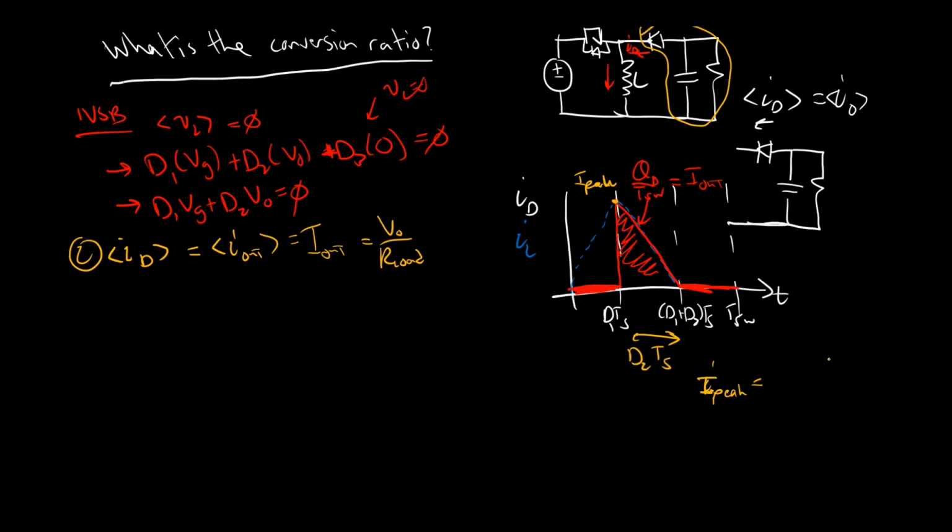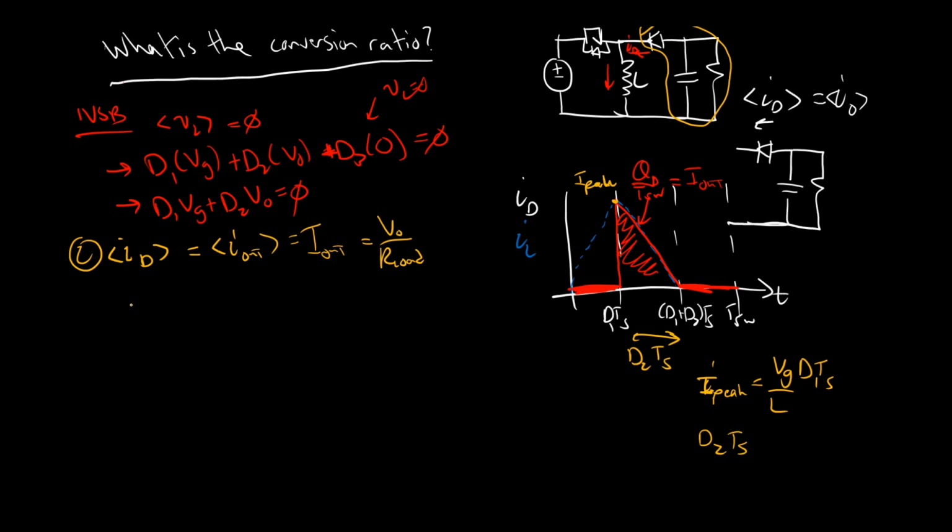Capital I peak is equal to, well, it's the slope of this current times the time, right? So it's VG over L times D1 Ts, because in the first subinterval we apply VG. And then the base is D2 Ts.